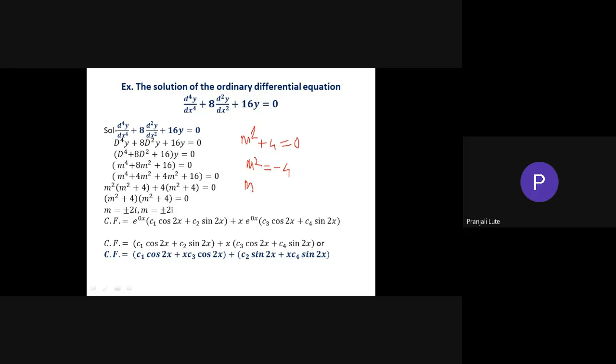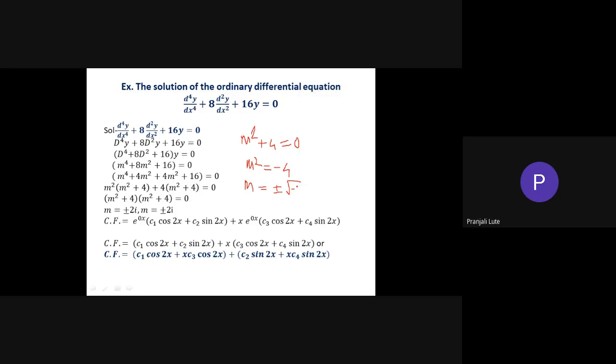M equal to plus minus under root of minus 4.